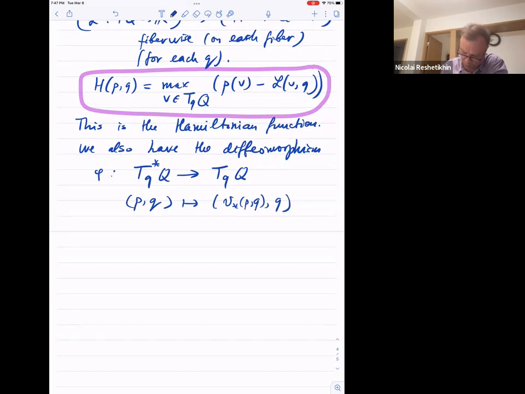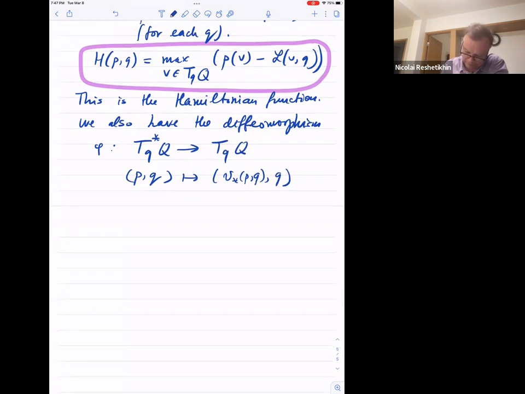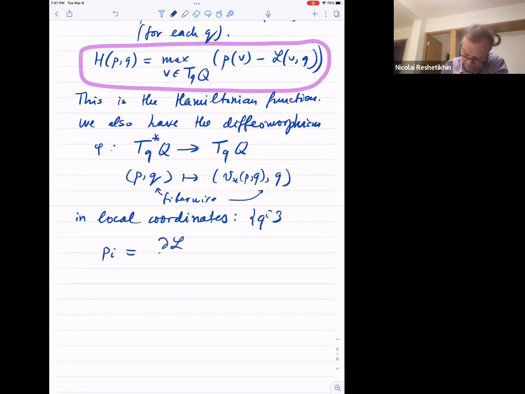It's fiberwise, so we don't change q. And it's simply that v star is the critical point. So in local coordinates q i, we have p i is equal to dL over d v i at v star of p, q, q.